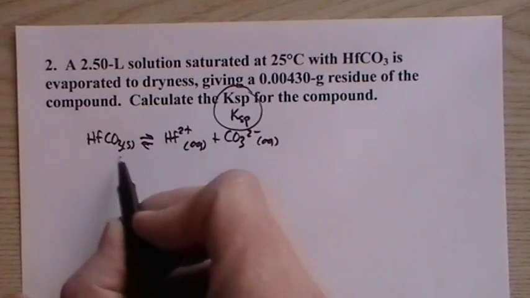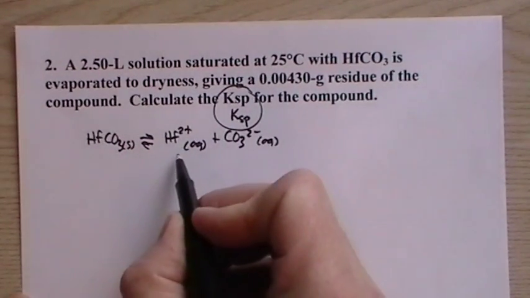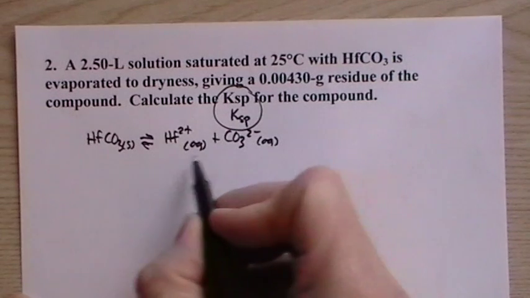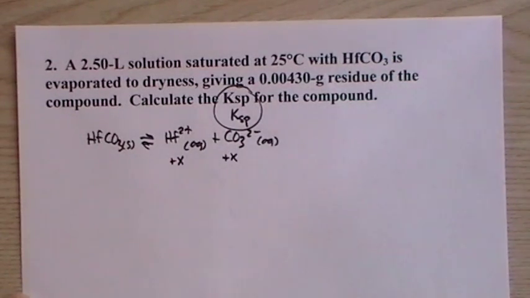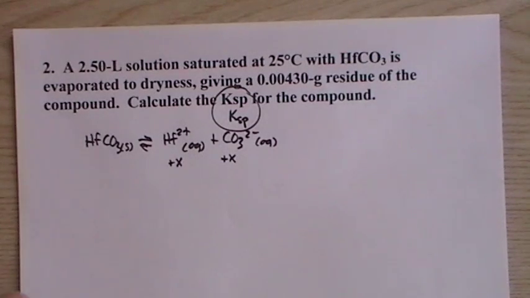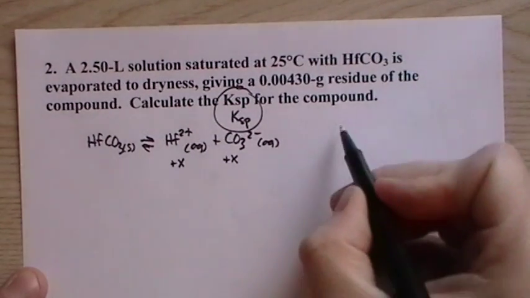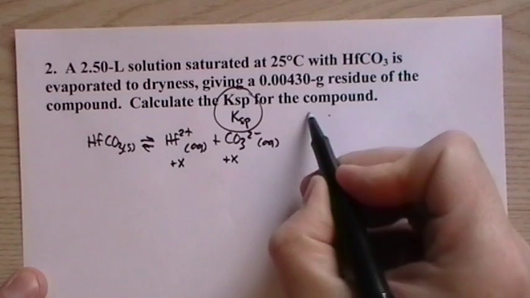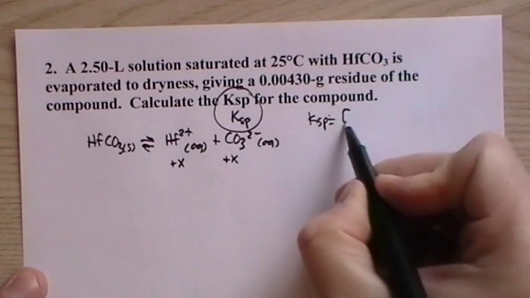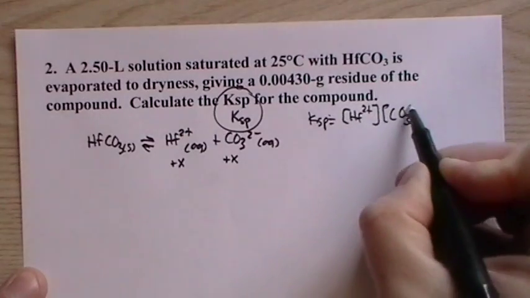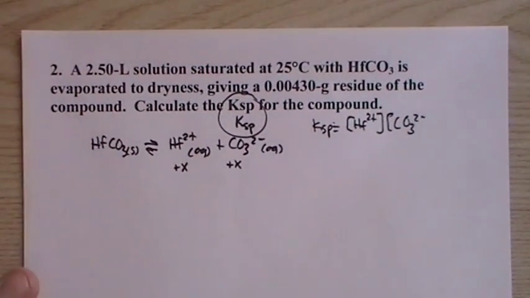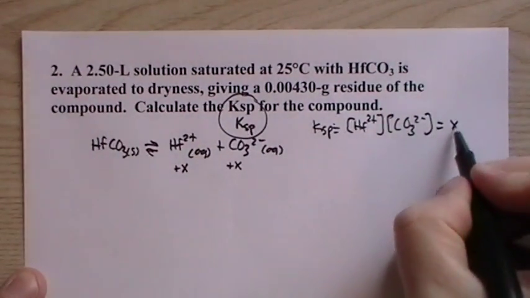Now, the solid, when it breaks up into equal amounts of each of these, we could call these X, positive X for each of these. And those concentrations would then go into our Ksp expression, which is going to be the concentration of hafnium times the concentration of carbonate. And so that's going to be X squared.